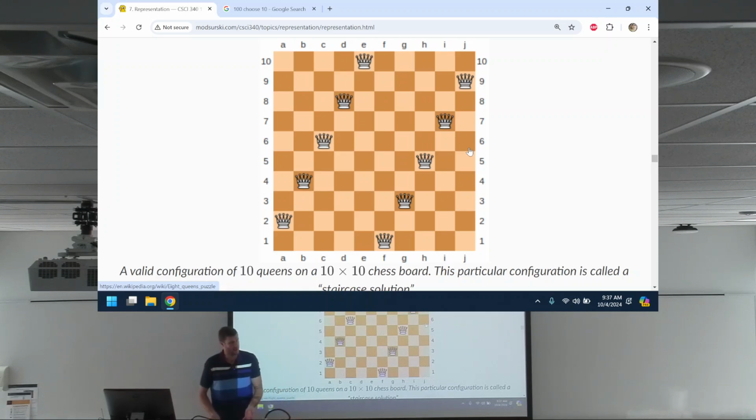Those will exist, which is fine, but we know that's not a valid configuration. It's not a configuration that will hit the mark of queens not attacking each other, because they all can attack each other, that's the worst case scenario. So could we have a representation that eliminates that?